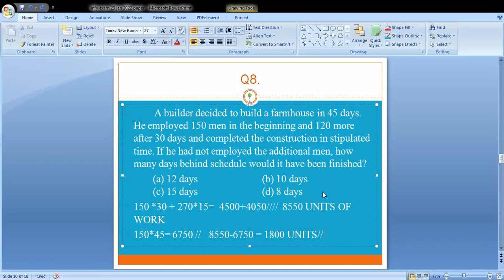So 150 into 45 is 6750, and 8550 is the total. What I'm getting is 8550 minus 6750 units, that's equal to 1800 units.